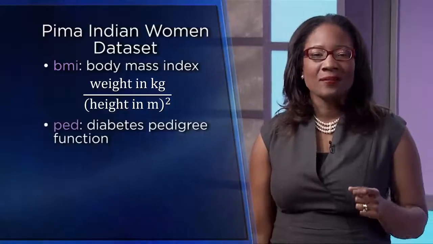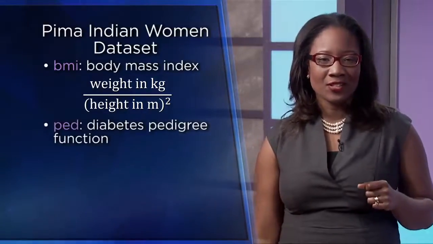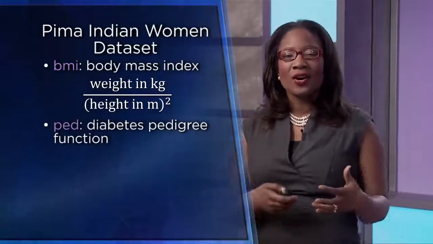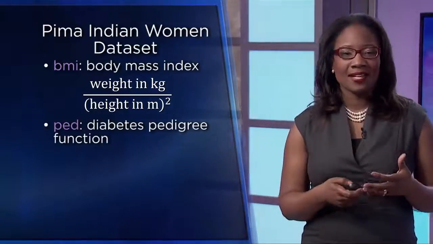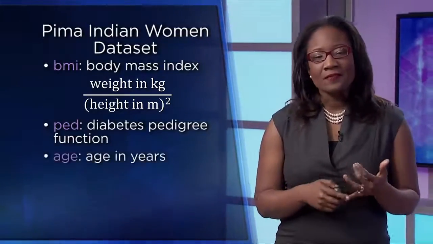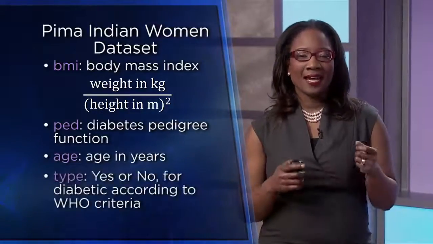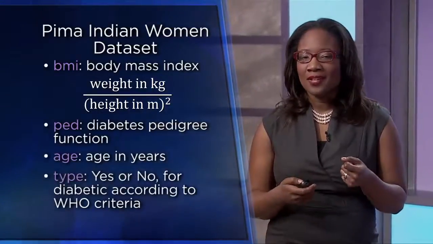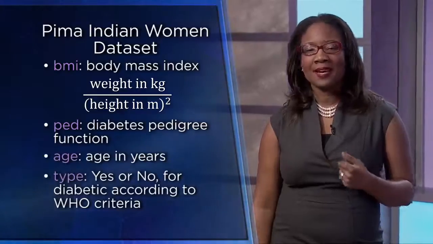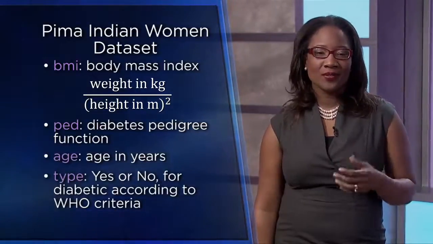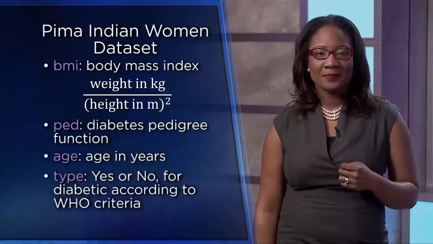Also, PED, which is a diabetes pedigree function. This gives us information on relatives that might have diabetes. And then for each woman, we have her age in years and then type. This is yes or no as to whether or not the woman is diabetic according to the World Health Organization criteria.